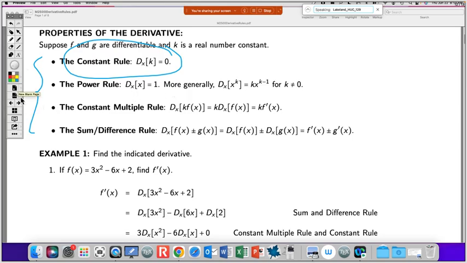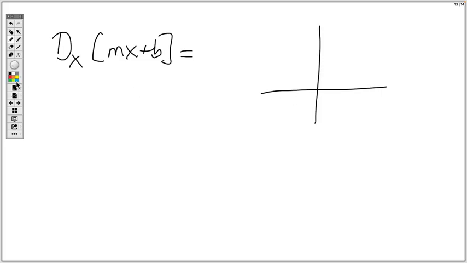The power rule. Well, let's talk about this. What if you're looking at the derivative of a linear function, mx plus b? Linear functions have a constant slope. What's the slope at any point on that line? m.